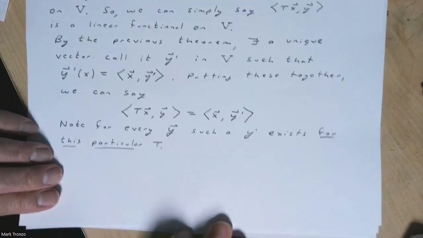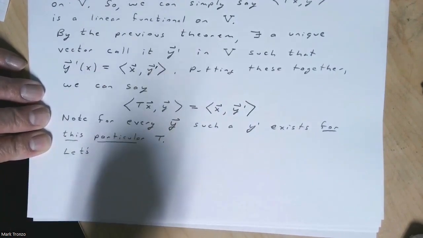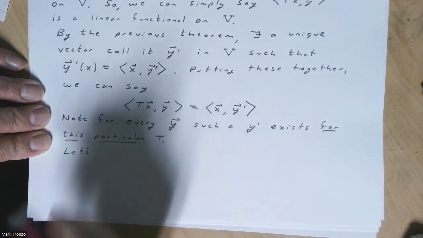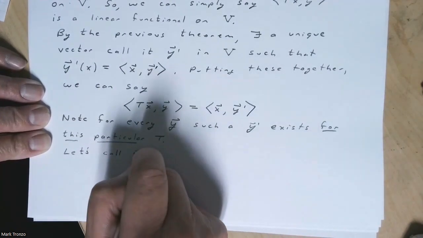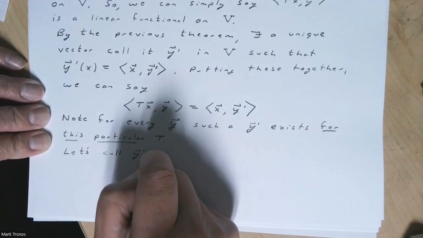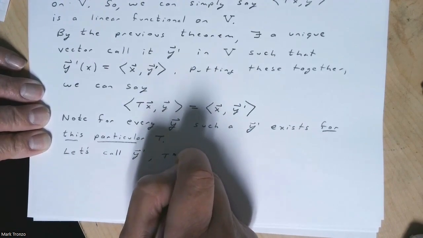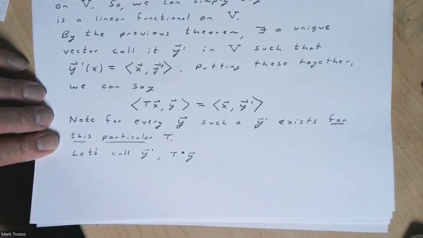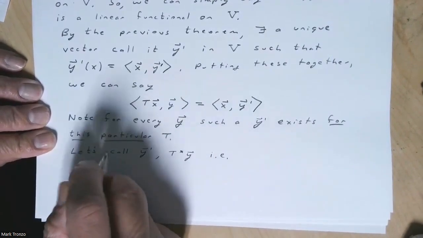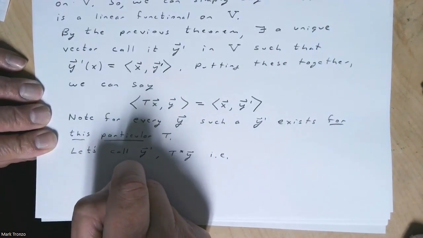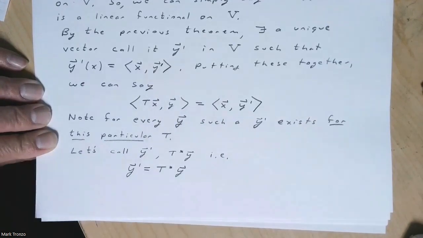And let's do one more thing. Let's call this y prime T star y, that is, y prime is equal to T star y.